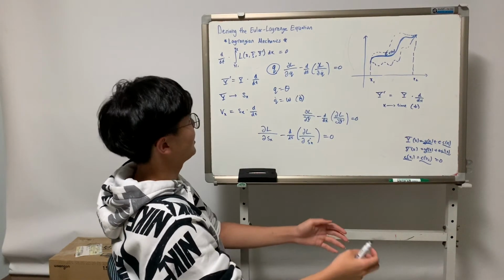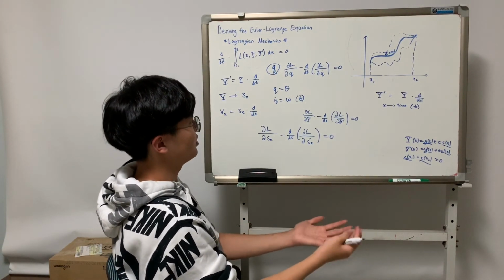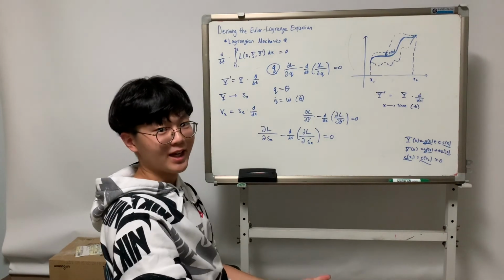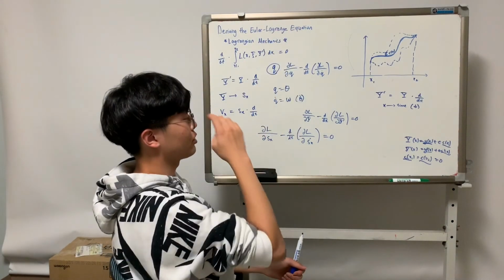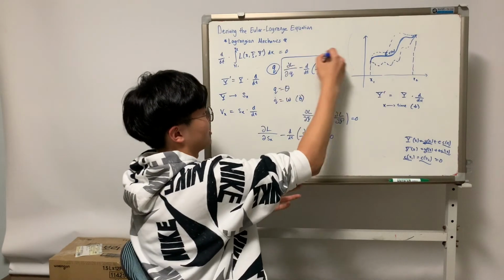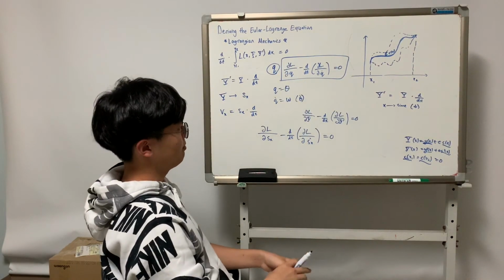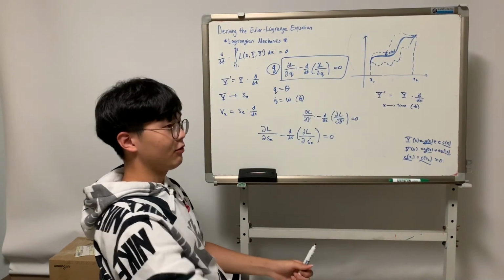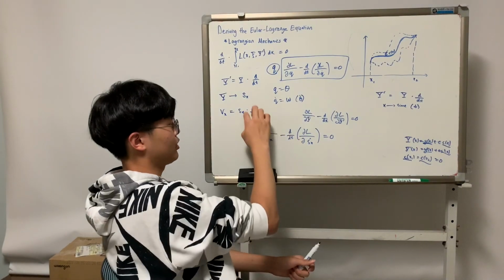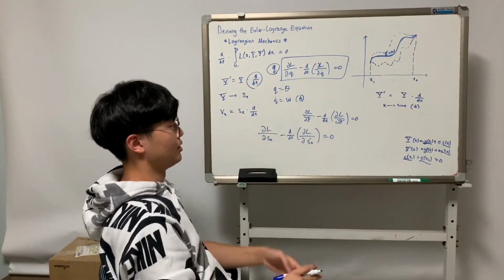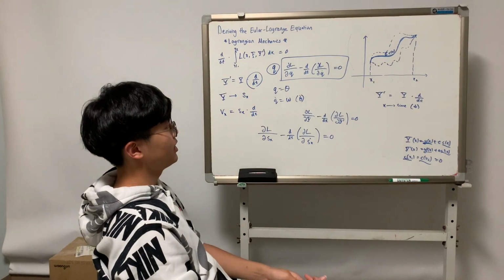And that is basically the foundation of Lagrangian mechanics, which is the Euler-Lagrange equation, whereby q could be basically any quantity that is differentiable in terms of t, because we have to multiply d of dt. And yeah, that's the end of my video.